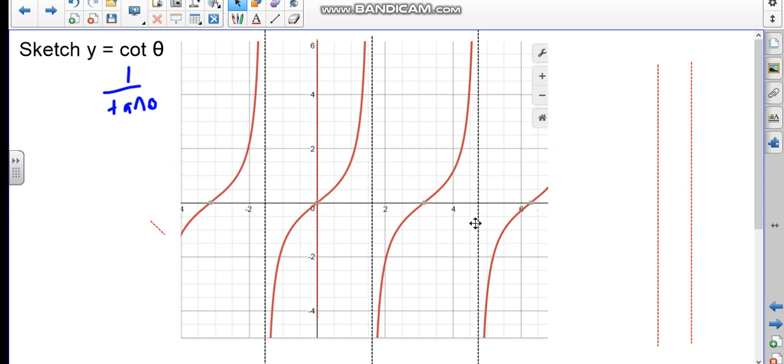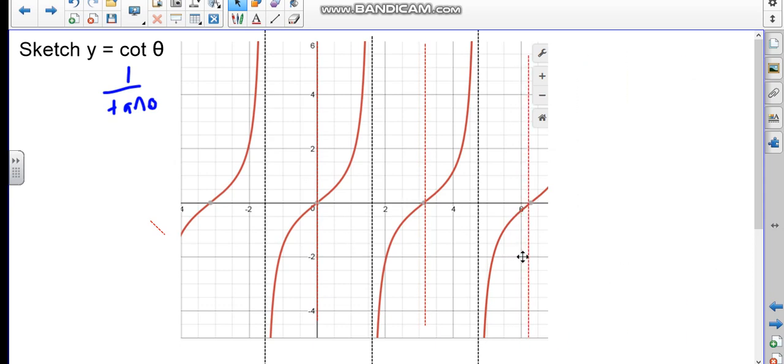Firstly, tan 0 is 0, so 1 over 0 is going to be infinity, so we've got an asymptote at 0. Then here at pi, we're going to have another asymptote because that's 0, and at 2 pi as well, we're going to have another asymptote there. So we know our graph is going to be heading off in that direction.